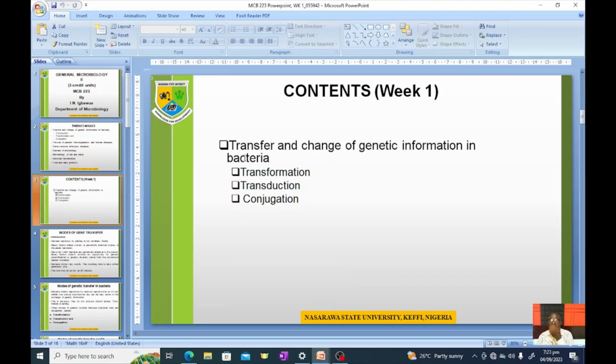For the purpose of this week's course topic, we will consider transfer of genetic information in bacteria, and that will take us through the 3 modes of genetic transfer, which has to do with transformation, transduction, and conjugation.